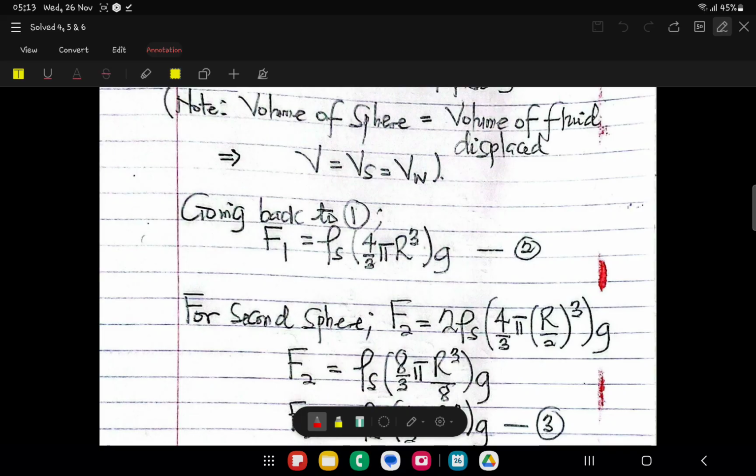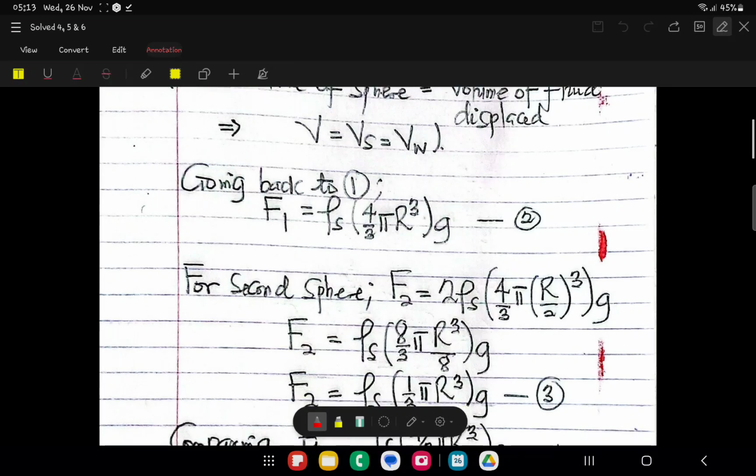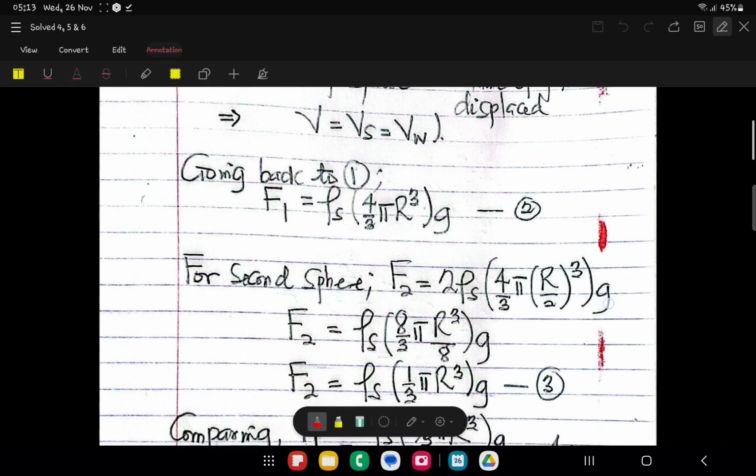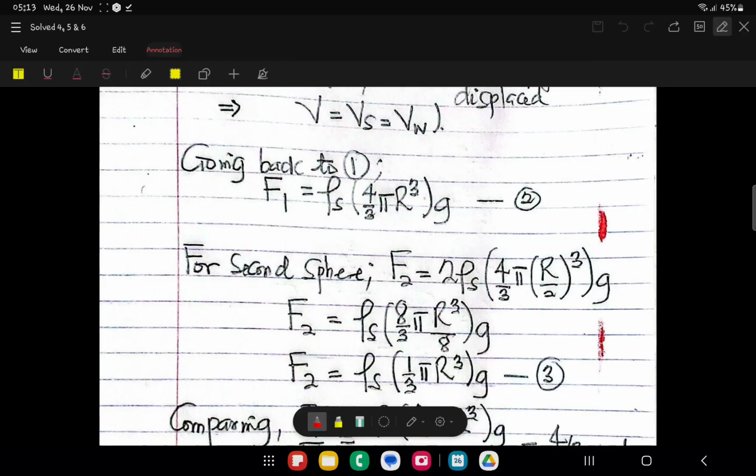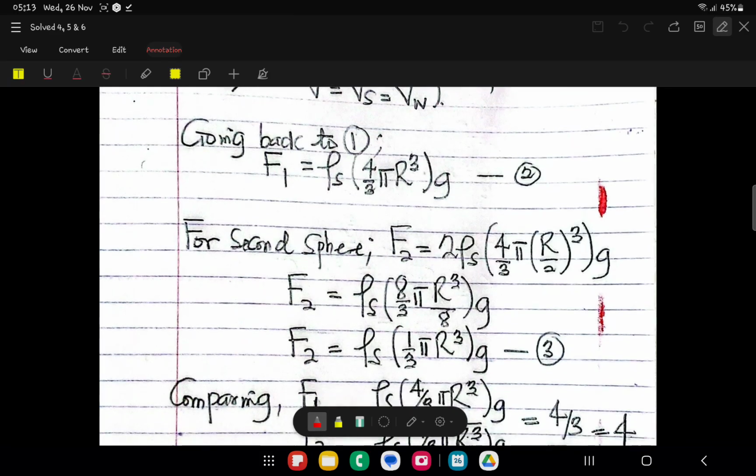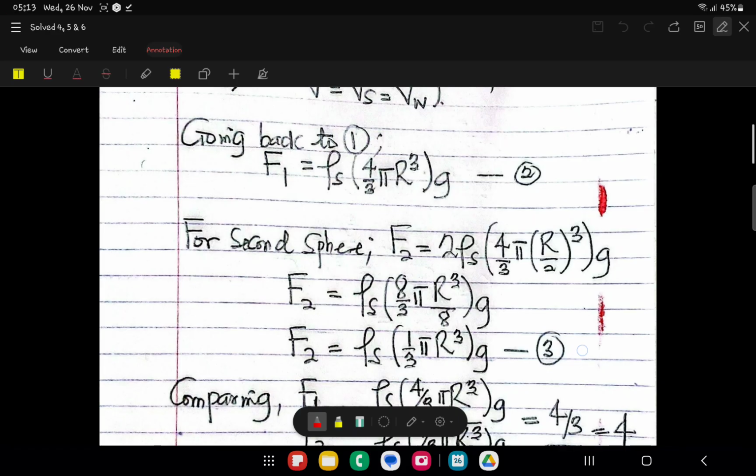So that gives us 2 times the density of the sphere multiplied by 4/3 pi into bracket r/2 cubed, all multiplied by g, and that will give you density times 8/3 pi r cubed over 8. If we simplify this, we get the expression in equation 3, which is density times 1/3 pi r cubed multiplied by g.